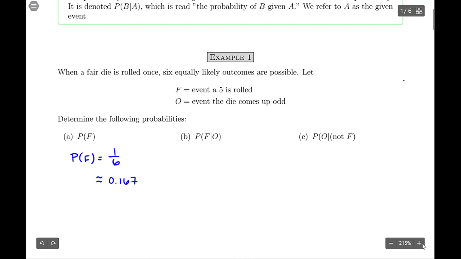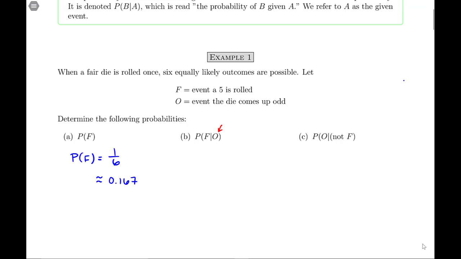Now, the probability for the second event is the probability of F given O. So we're given that the number is odd. What's the probability that it's a 5? Well, on a single die, there are only 3 odd numbers, 1, 3, and 5. So we're given that the number is going to be odd.